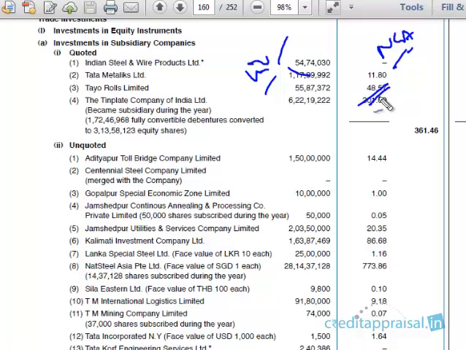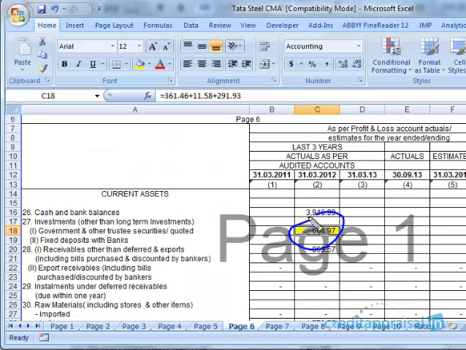Only for this specific example I'm going to relax that a bit. So if it is a quoted investment, I'm going to classify it under current asset. This quoted investment 361 I'm going to put under current asset, and unquoted I'm going to put under non-current asset. So 361 goes into current asset. This 361 includes government and other trustee securities, including quoted investment. This is a current asset, coming after cash and bank balance.